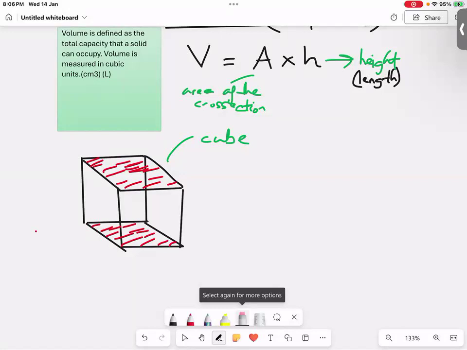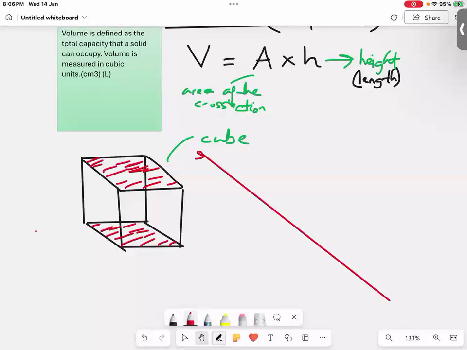So the cube is called a cube because it has a square cross section. That's why it's called a cube: the cross section of the cube is a square.